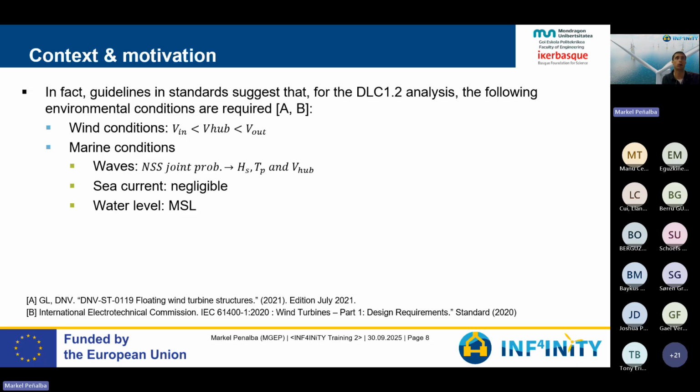So we need to combine all the different possibilities of each of these values. Sea currents, as I said earlier, can be negligible in some aspects, and some standards actually suggest to neglect current in this fatigue analysis.